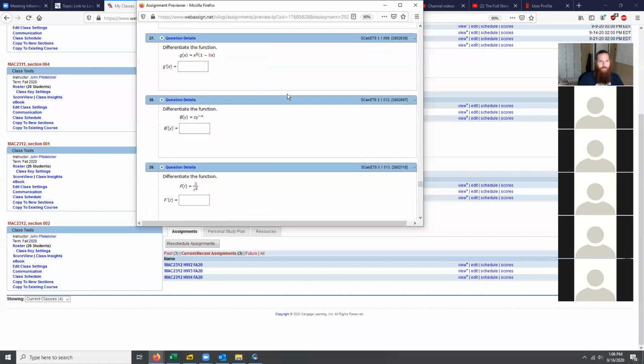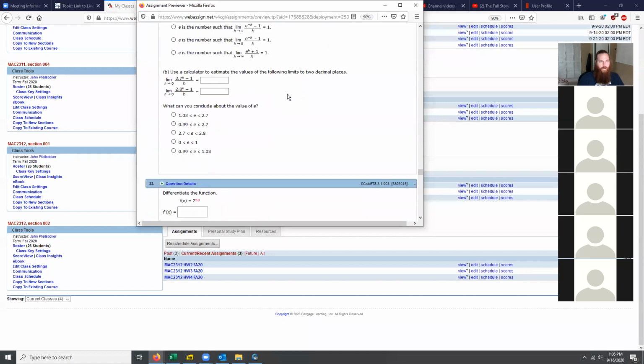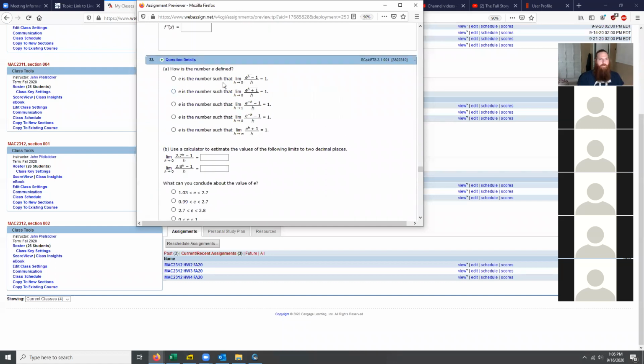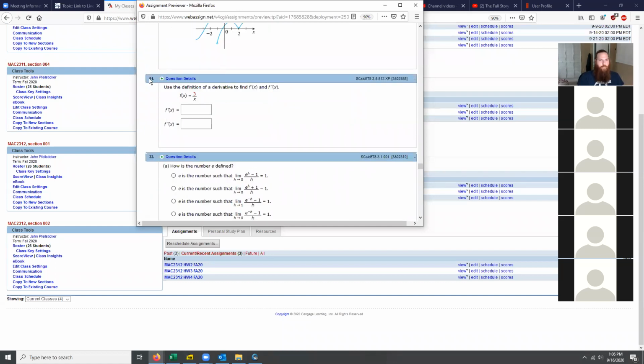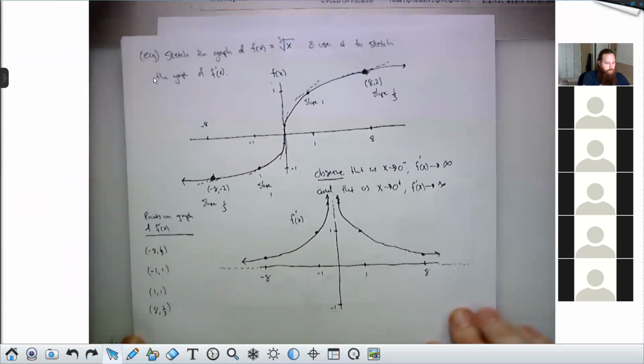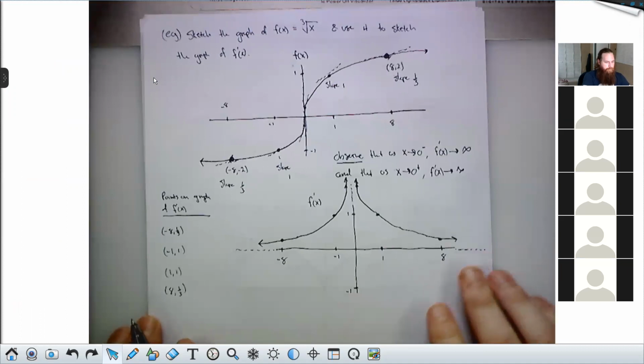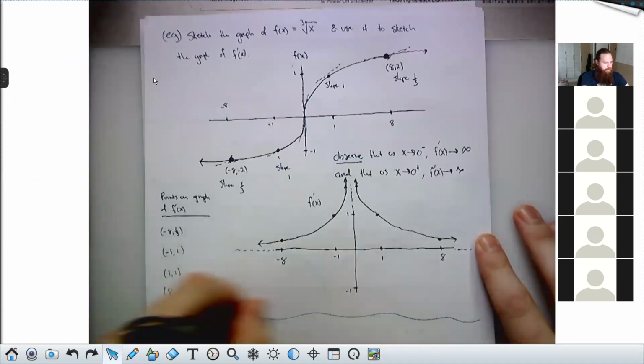Okay, and then we're getting into this stuff. I need to say something about this. Up through question 21, I'm going to come back to our notes here. So I want you guys to write this down. So that's the end of this example.